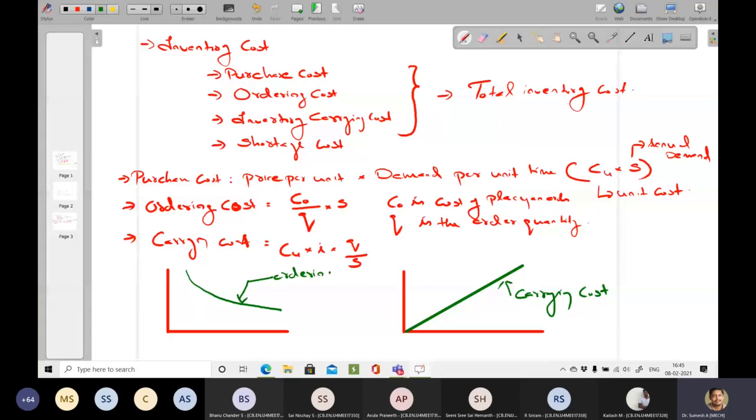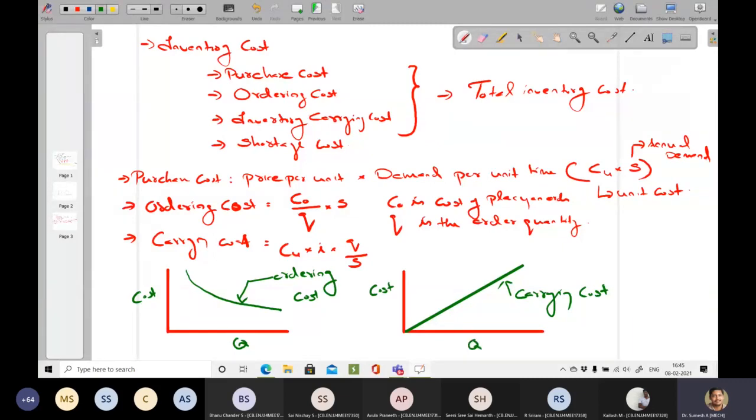This axis is cost and this is quantity Q; the same here, it is also cost against Q, that is the ordering cost.